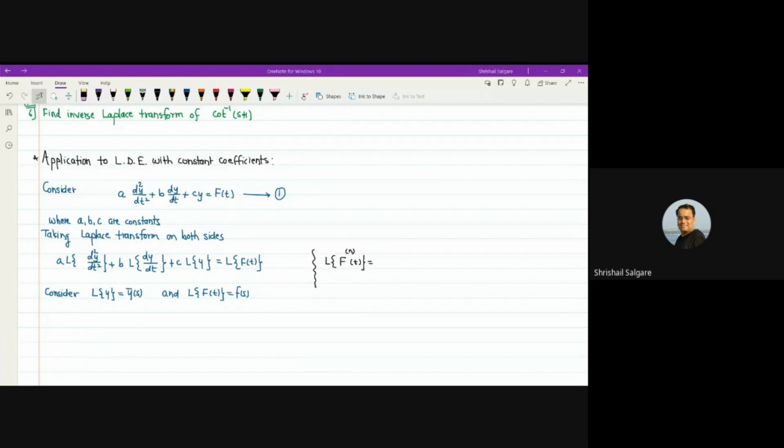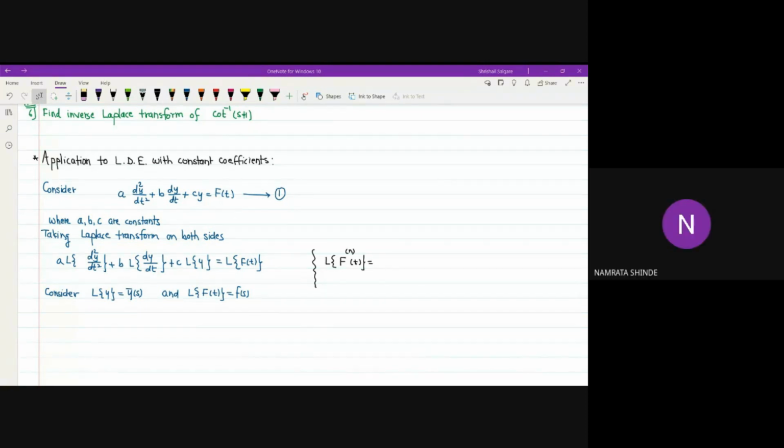Pradnya, can you tell? You have to refer to the Laplace transform, not inverse. Refer your notes, na. You have studied Laplace transform.